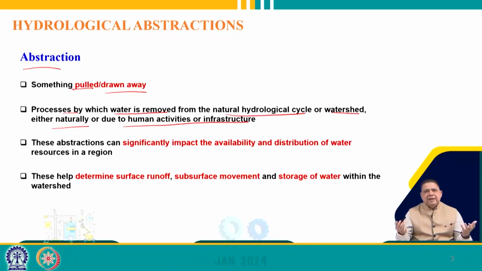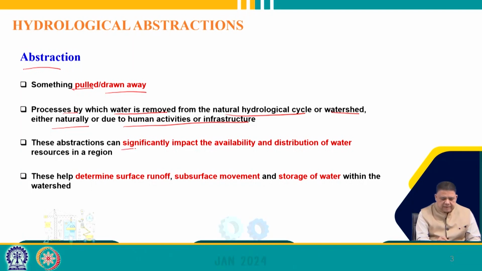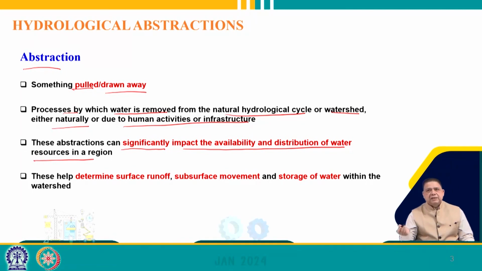From the system perspective, that is a loss, because water is not reaching the surface where it is really utilized. That is what abstraction means, and abstraction can significantly impact the availability and distribution of water resources in a region. Of course, if the abstraction is more, then runoff will be less.